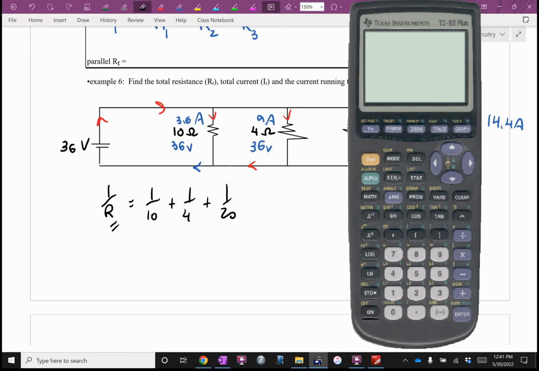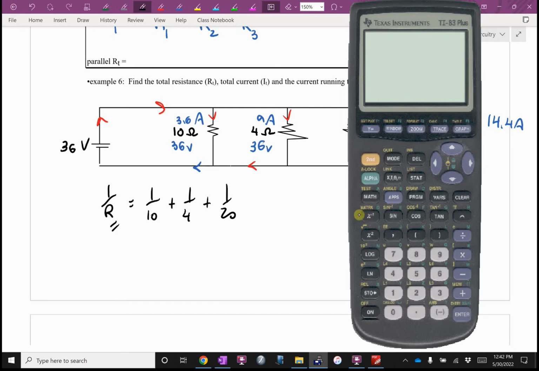One way to type this, and I'm not going to take marks off if you do, would be to do this the long way. Don't type it this way. But you could go 1 divided by 10 plus 1 divided by 4 plus 1 divided by 20. Hit answer, and then go 1 divided by that. But your calculators all have a reciprocal button. It's a little x to the negative 1 button.